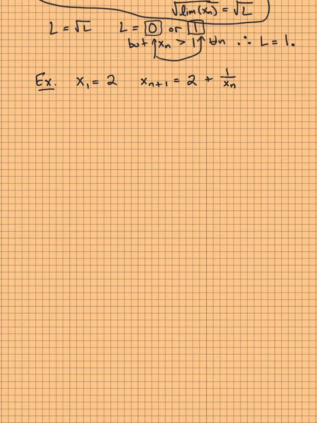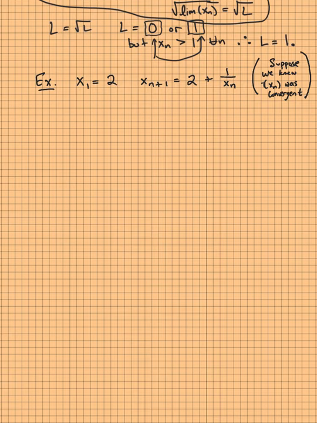Now to be fair, I'm not even going to check whether this satisfies the monotone convergence theorem. Suppose we knew that the sequence xn was convergent. I'm not claiming that we can apply the monotone convergence theorem here, or at least I don't want to work out the algebra to check it. But suppose we knew it converged.